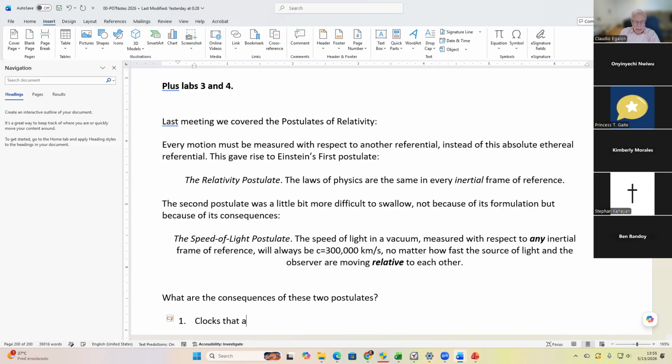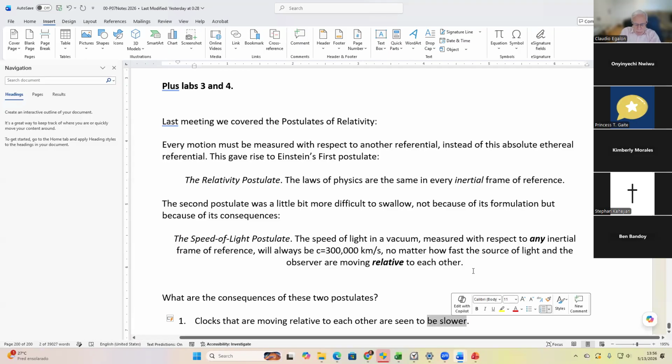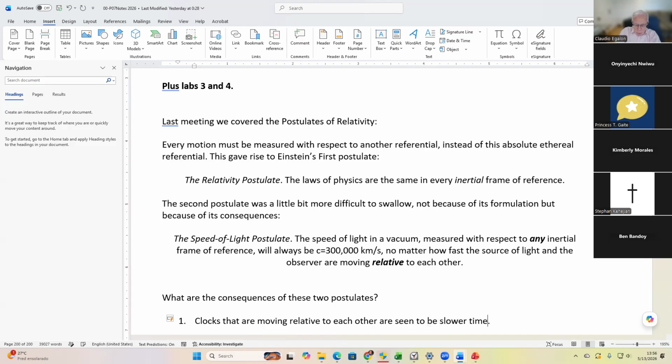clocks that are moving relative to each other are seen to be slower time-wise, okay?